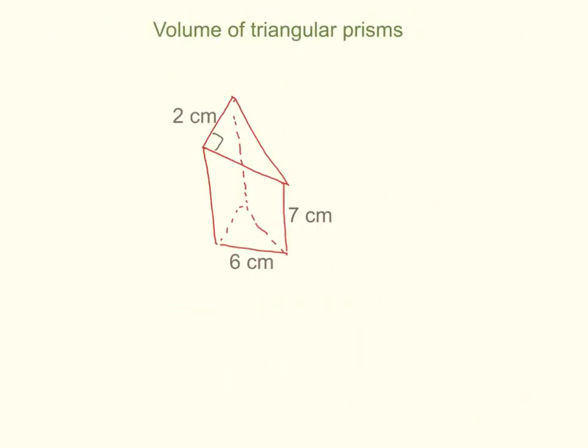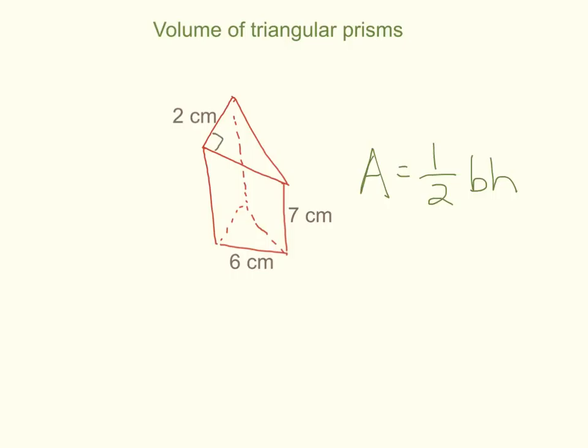Now finding the volume of a triangular prism is very similar. You want to find the area of the base, and when it's a triangular prism, the base is a triangle. So remember, if we're finding the area of a triangle, it's 1/2 base times height. So we've got to find that first.